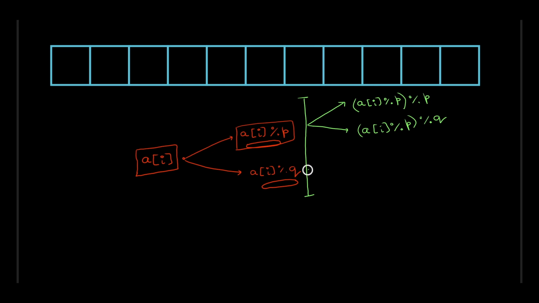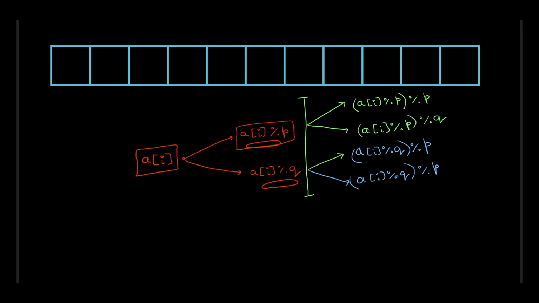You can go to a_i modulo Q, and then you take a modulo with P, or you go to a_i modulo Q, and then you take a modulo with P.